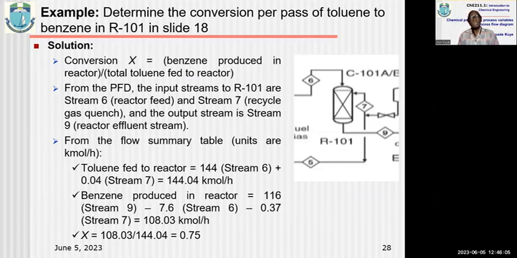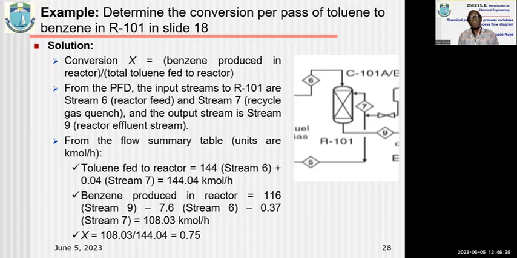From what we've done, we now know that R is a reactor located in unit 1 in area 100, and the number is reactor 01. So the question to ask is, what's the conversion? Now we need to look at that stream first.